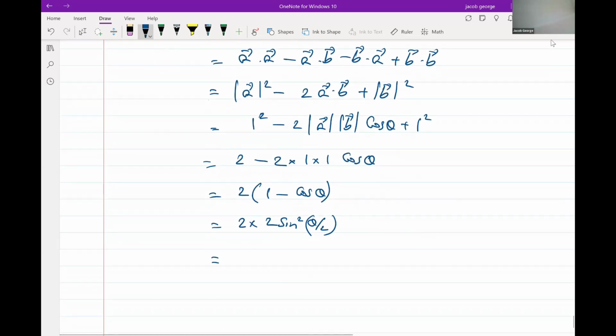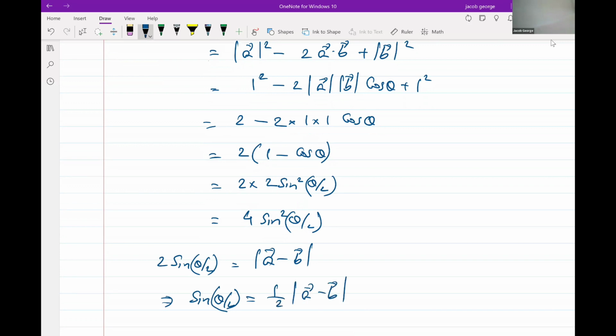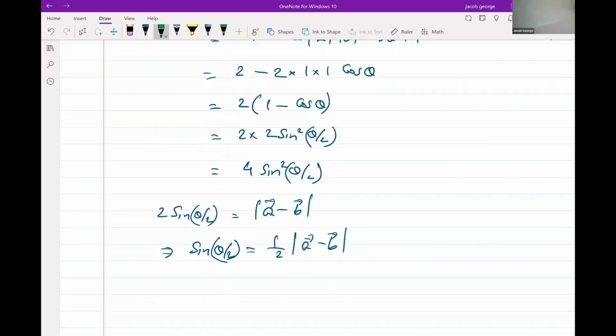So this is 4 sin square theta by 2, and when you take the square root, what do you get? 2 sin theta by 2 is equal to magnitude of vector A minus vector B, or sin theta by 2 is equal to half of the magnitude of vector A minus vector B. So this is the right answer to this question.